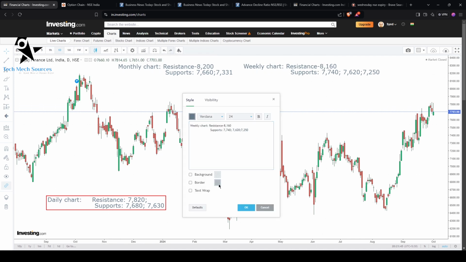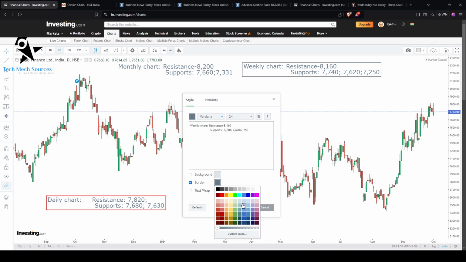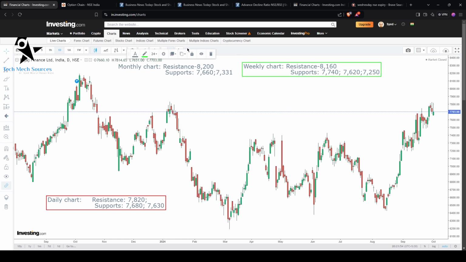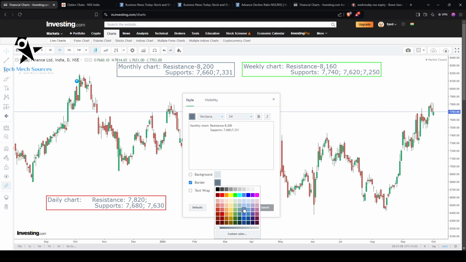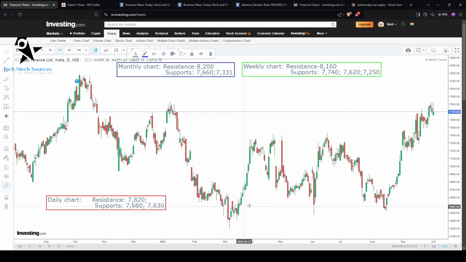Let me give it another border, and some other color. Let us say blue. Okay, so this is daily, weekly, and monthly.